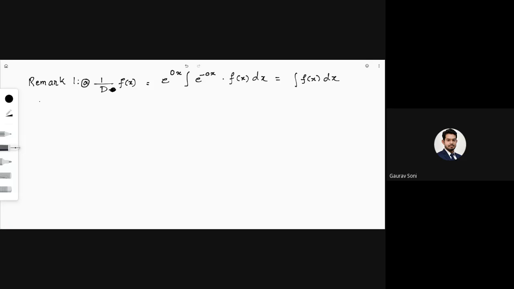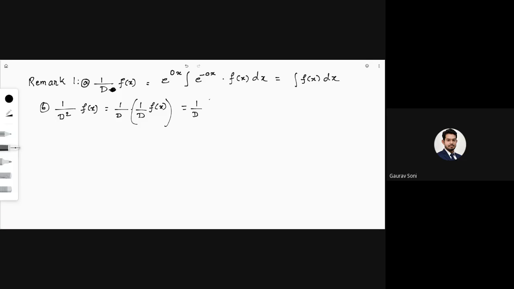Now we will see what happens if d square is there: 1 upon d square f of x. As I said, I can write this as 1 upon d into 1 upon d f of x. We have just seen in the previous one that 1 upon d is simply integration.